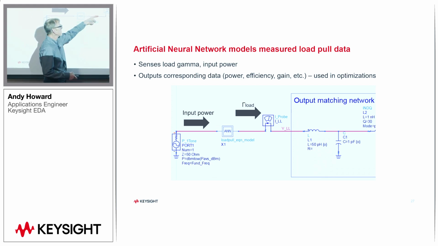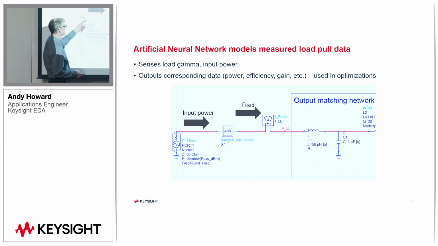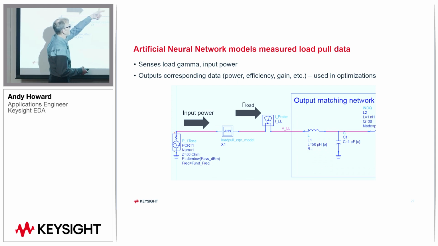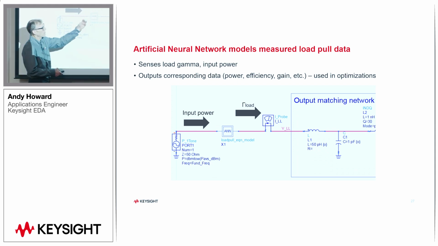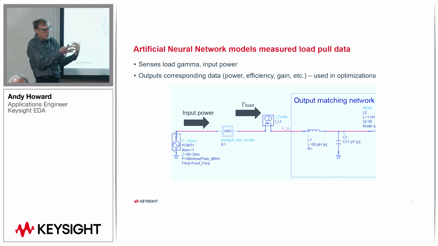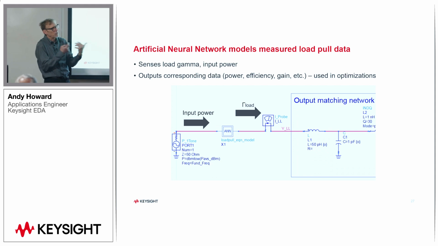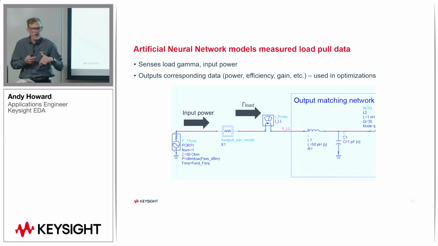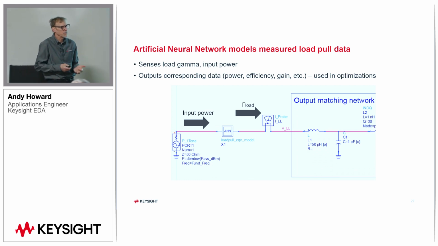It also senses the input power and possibly the input frequency if that's a swept parameter as well. Then based on these inputs and the load, it feeds that data into an equation and outputs things like the power, the gain, and the efficiency. Those outputs can then be put into goal expressions in the optimization.